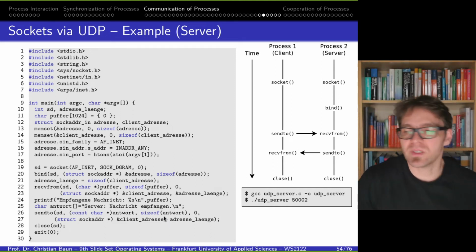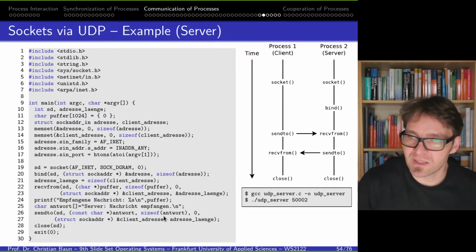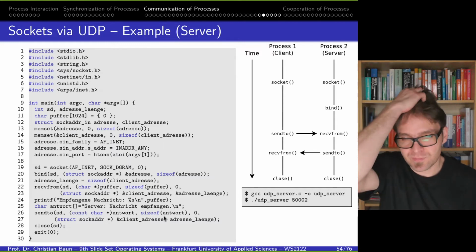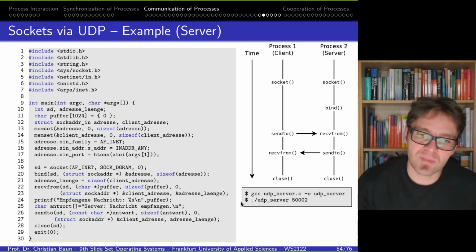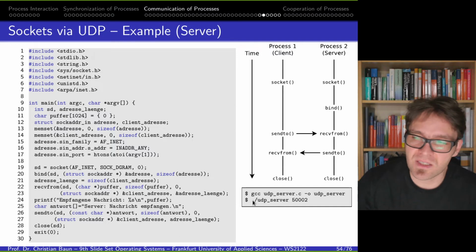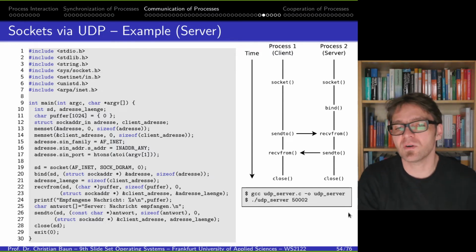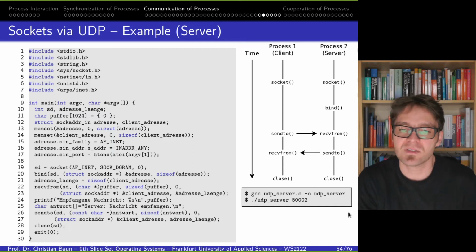So we will tell our communication partner, the client, that we have received something. On the right part of this slide, we can see how to compile this source code and how to execute the server.